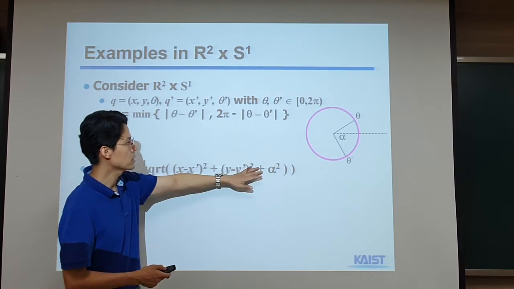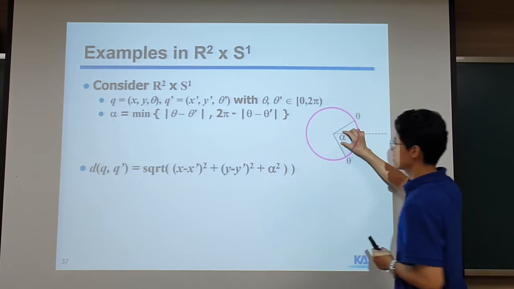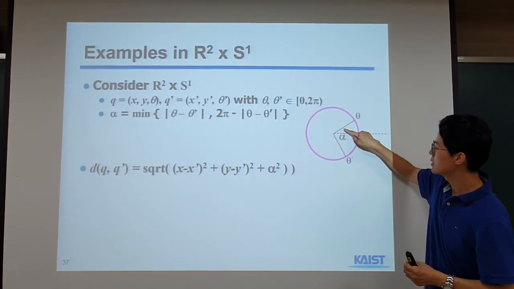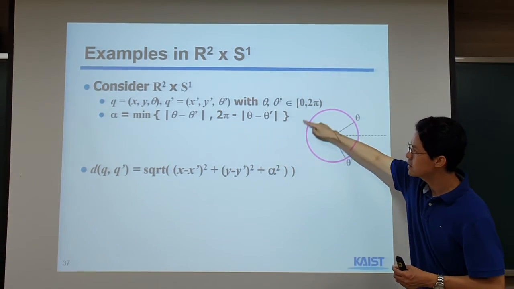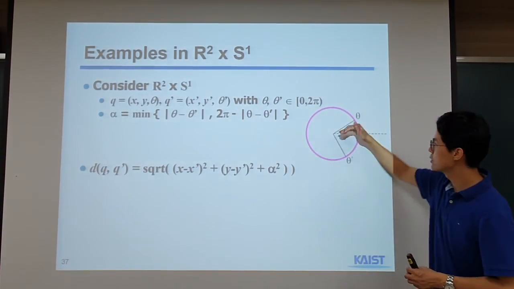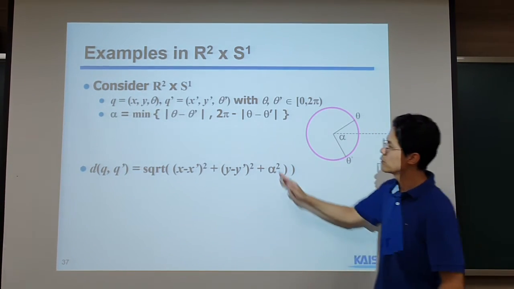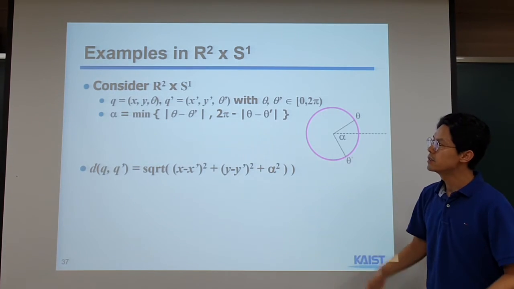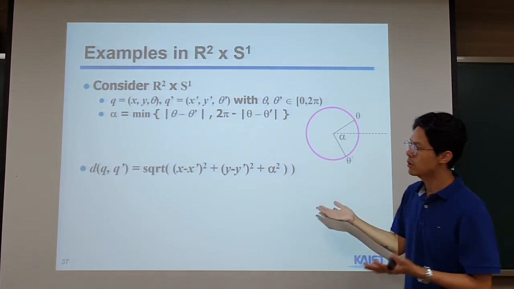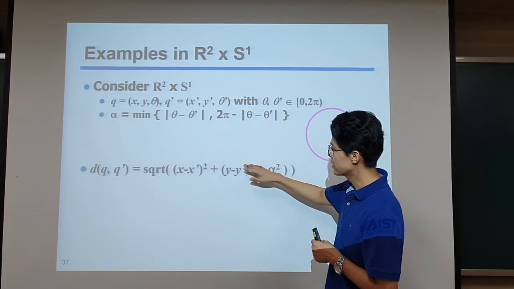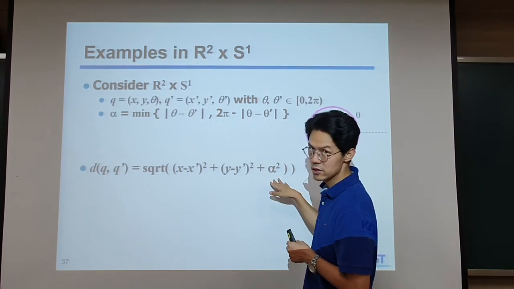Alpha square is nothing but what we also measure here. We measure this angle here, and also the other angle, and then we take the minimum angle. In other words, the minimum angle difference between these two configurations. And then we compute it with alpha, and just add the alpha square here. This is one example, right? So in other words, we are combining the heading difference and the distance difference into this equation.